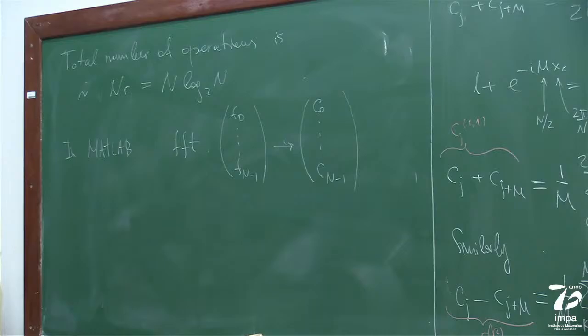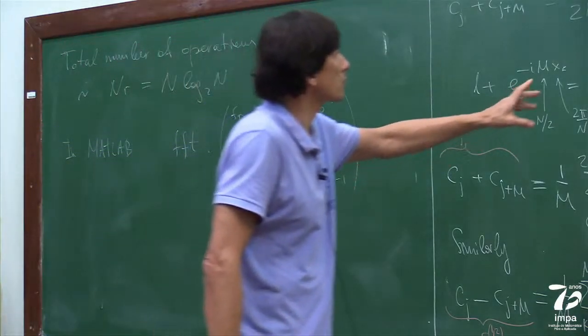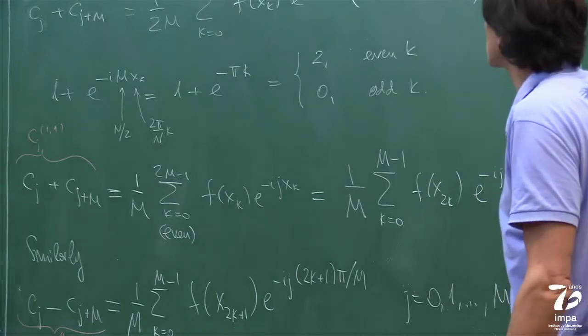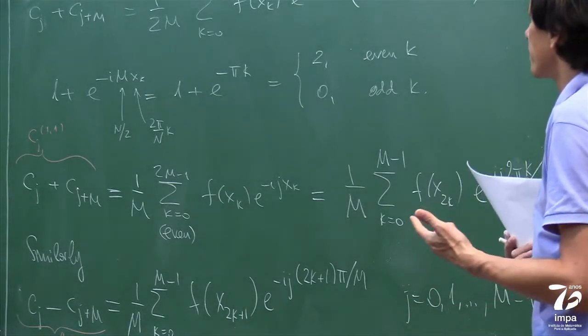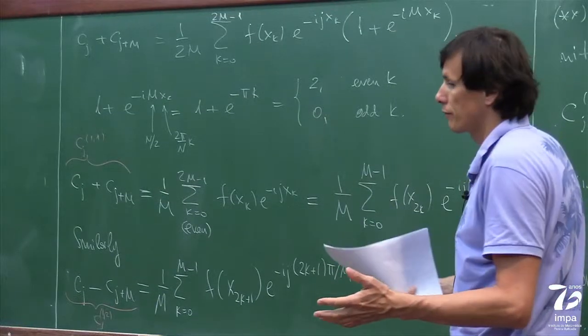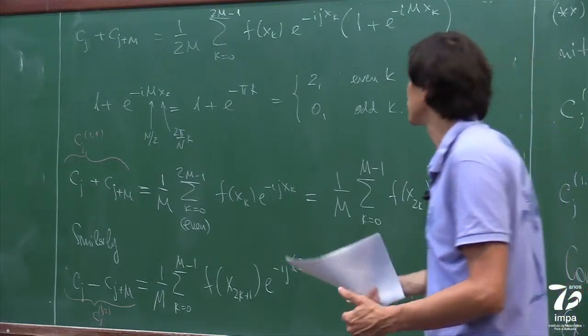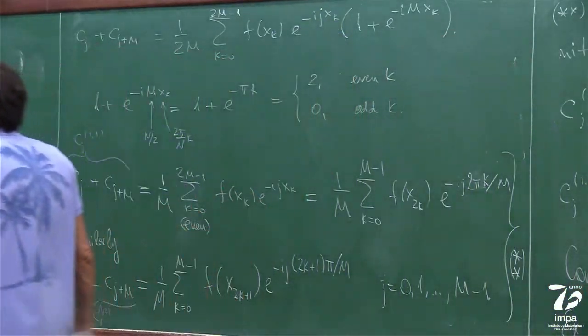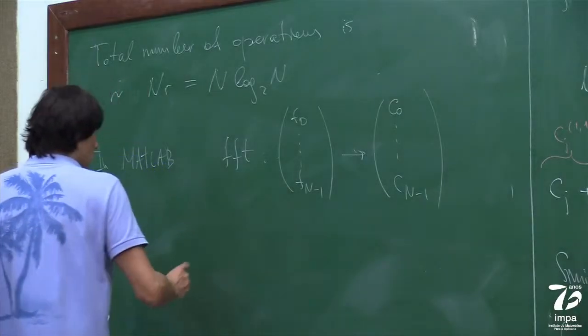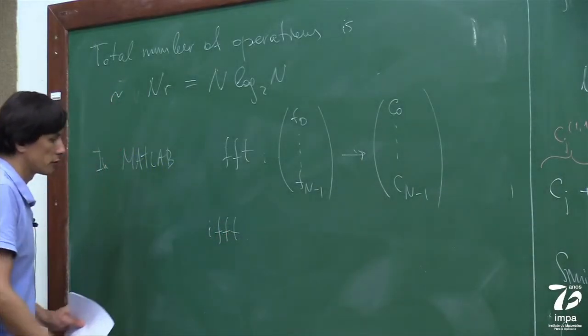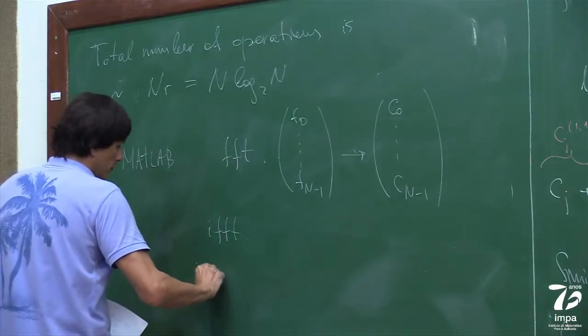And if you do a little bit of manipulation, there is actually not a big difference. If you have the Fourier transform, it's not so hard to go back, because it's essentially changing j to minus j. So there is also IFFT, which is the inverse Fourier transform.